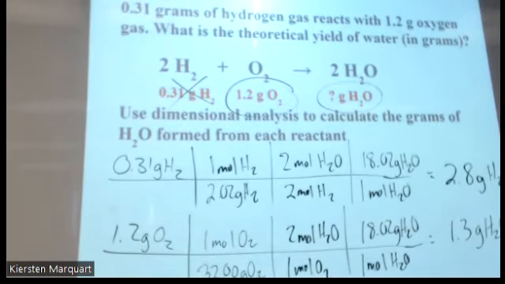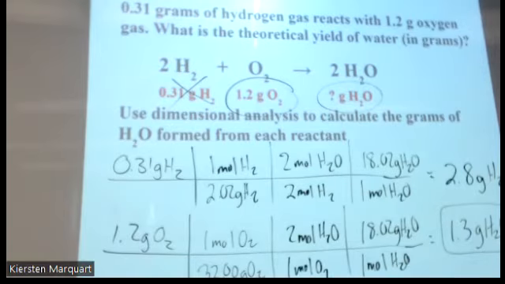All right, so we did both the problems. The question is, what is the theoretical yield of water in grams? So we can't just leave it like this. We have to choose an answer, which is the correct theoretical yield. 1.3, we picked the smallest one. So this is my theoretical yield.